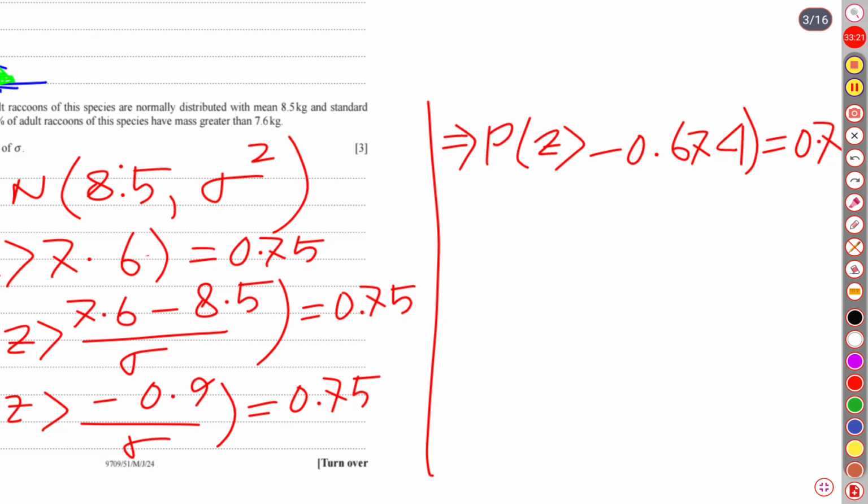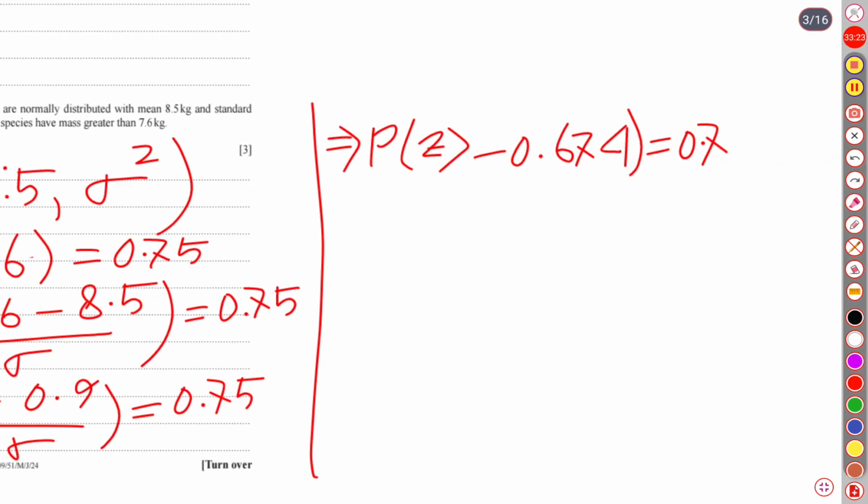Okay, there is a possibility of getting confused. You may think, how can we apply this negative symbol for this probability? As in the previous one, we have come to know that no probability is given for a negative standard deviation or negative z score. Here, if I draw the figure, it will look like this.